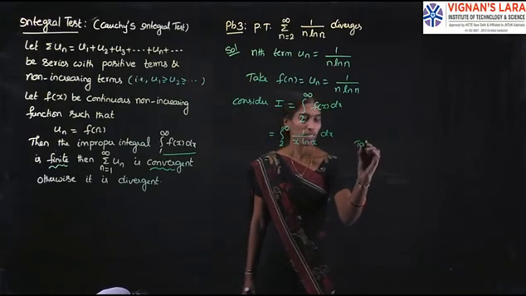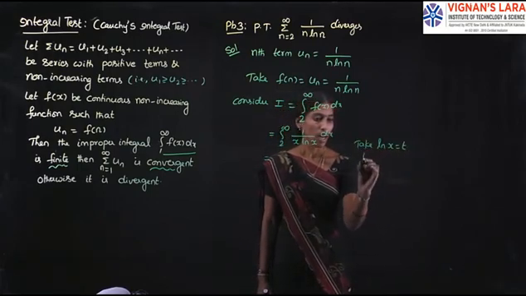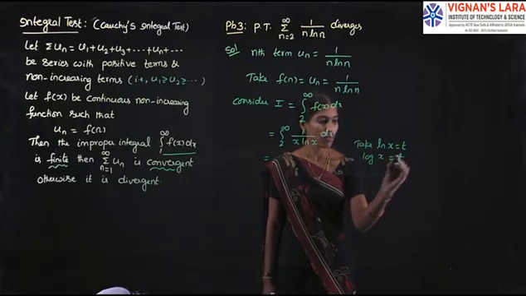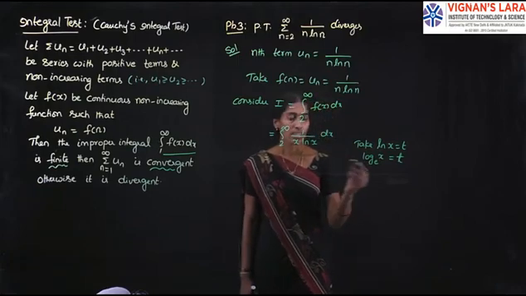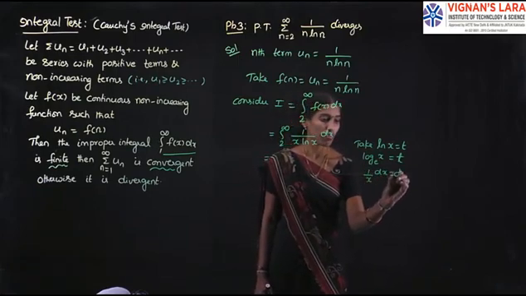So take ln of x equal to t, which is the same as log x equal to t. Its derivative is 1 by x dx equal to dt.